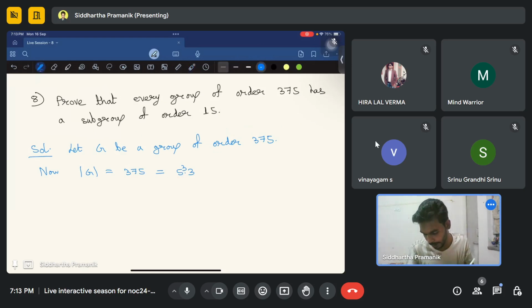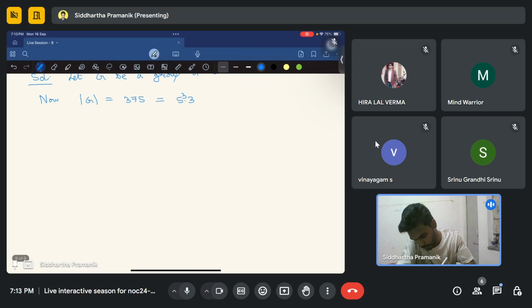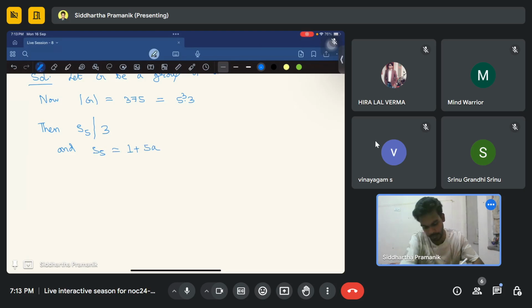So let's try to find out the numbers. The number of Sylow 5-subgroups, which is S5, must divide 3, and S5 is of the form 1 plus 5a. That means 1, 6, 11, and so on. So that means S5 has to be 1.